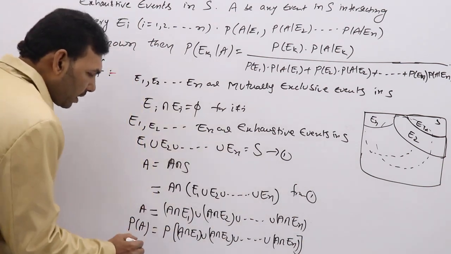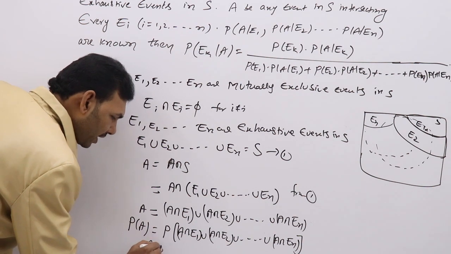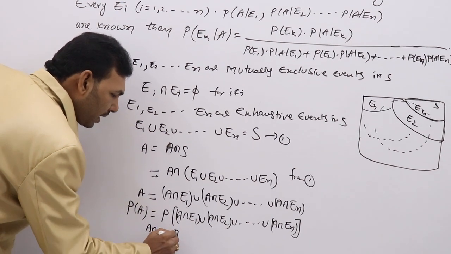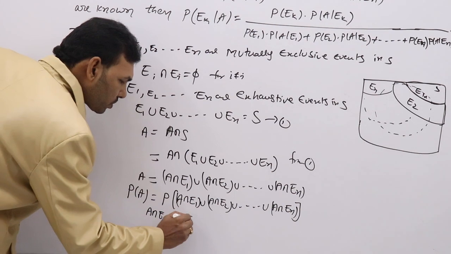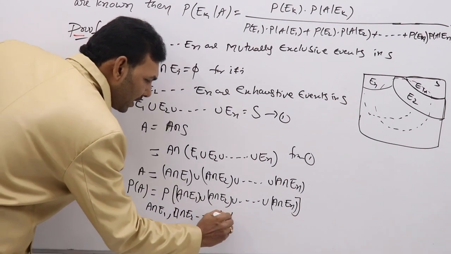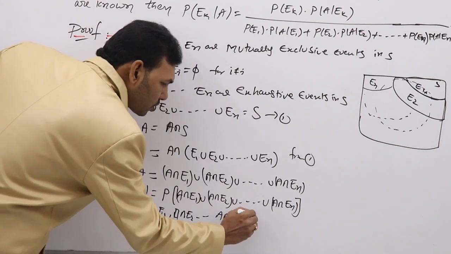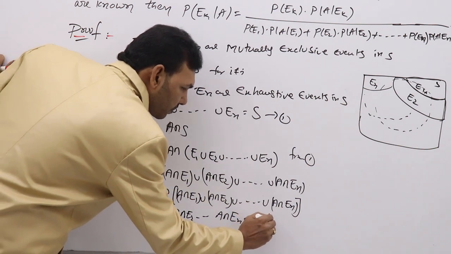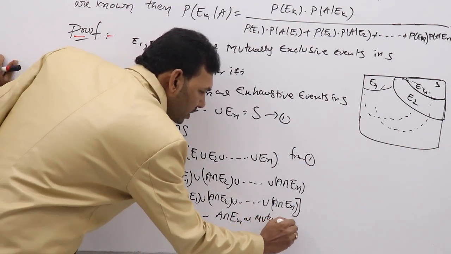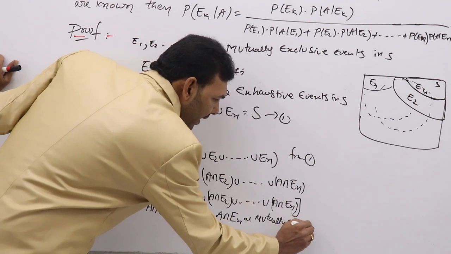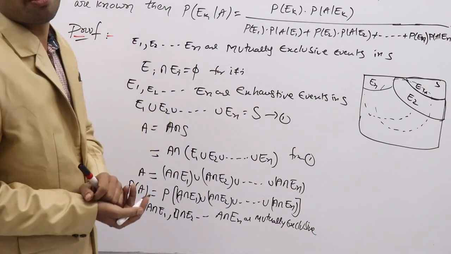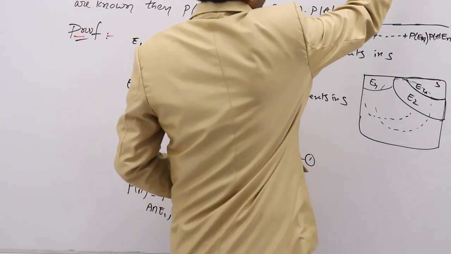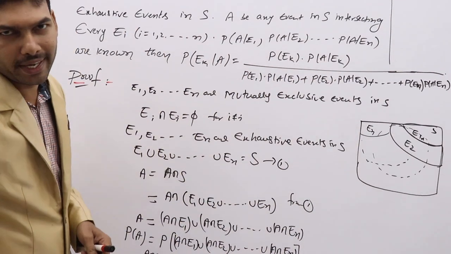What I am saying here, A intersection E1, A intersection E2, so on, A intersection En are mutually exclusive events.